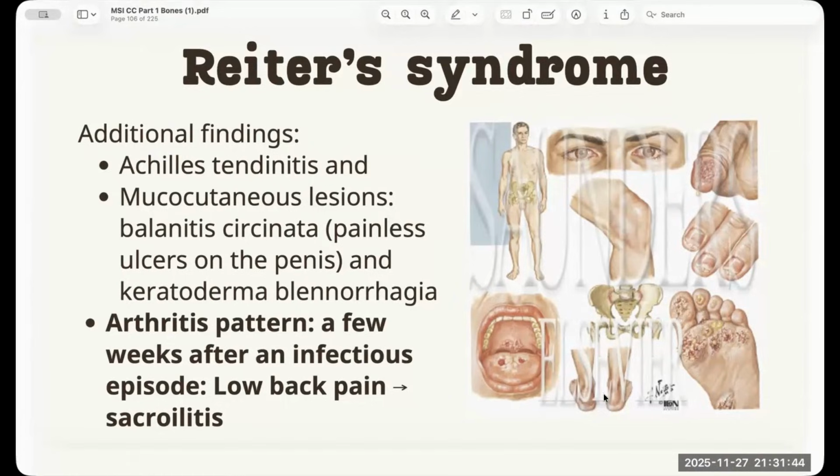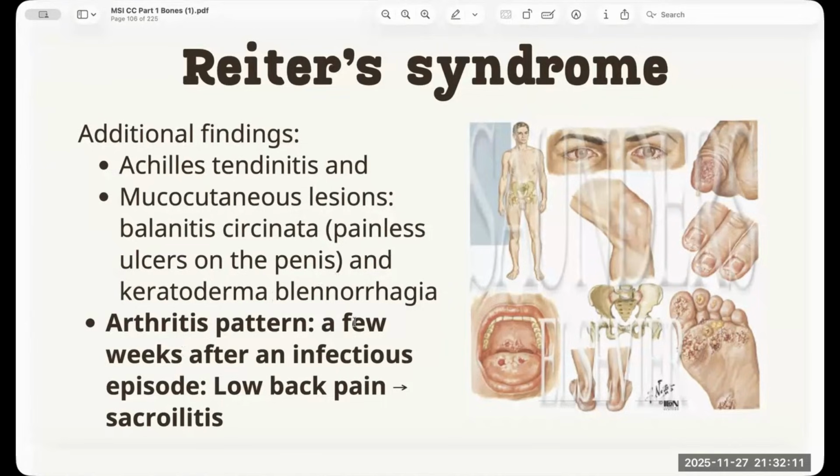There's also, as we can see here, Achilles tendonitis. Okay, and the lesions that I just mentioned, like the painless ulcer in the penis and the keratoderma blennorrhagicum, I think it's the one referenced here and here. It's basically a skin lesion. Okay.